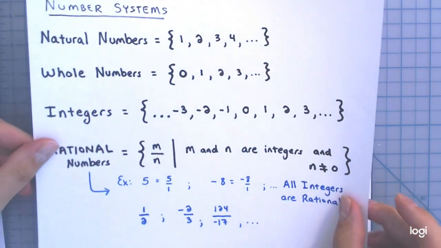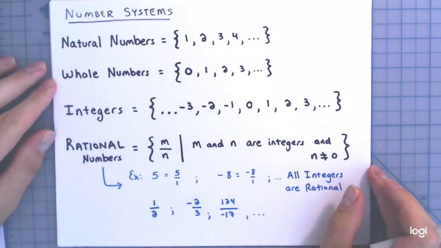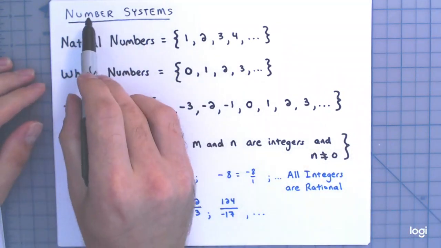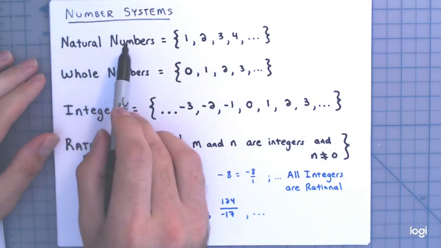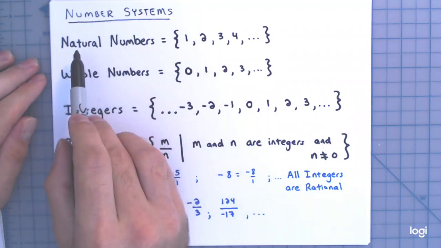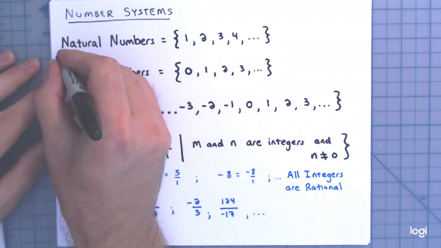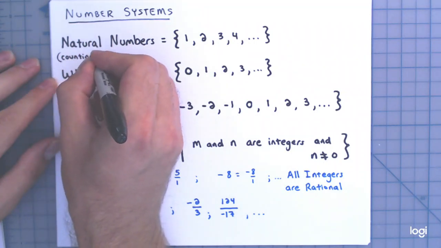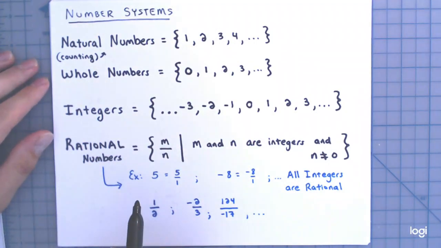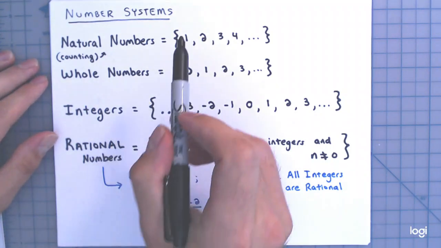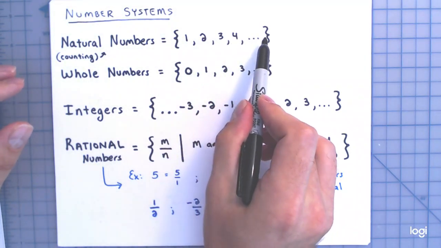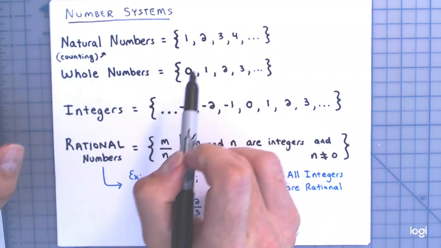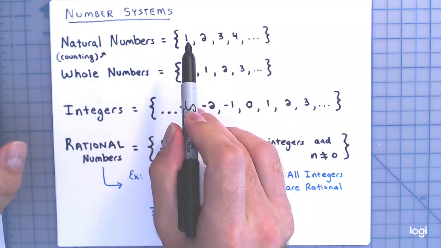so my first page, I have, again, just going over some number systems here, and probably some ones you're familiar with. So we have what are called the natural numbers. I've also seen this referred to as the counting numbers in some books, because these are the numbers used to count: 1, 2, 3, 4, 5, 6, etc. Just keep going up by 1, but starting at 1.